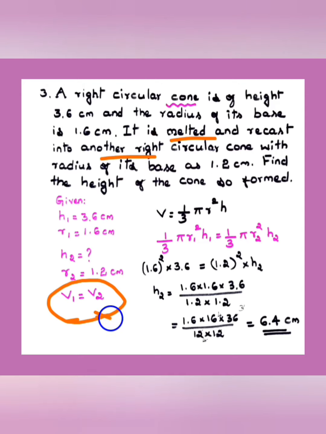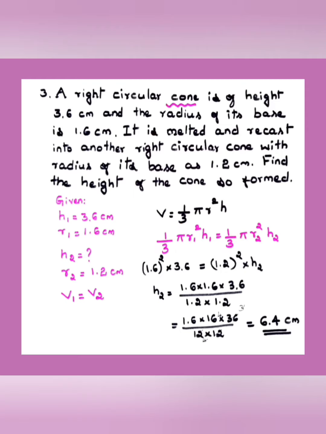So you can write like this: V1 is equal to V2, and you know the formula to calculate the volume of a cone. V is equal to 1 by 3 pi r square h. So on either side you write for V1, 1 by 3 pi r1 square h1 is equal to 1 by 3 pi r2 square h2. Substitute the values. 1 by 3 is constant, and this side cancels. 1 by 3, 1 by 3, even pi cancels.